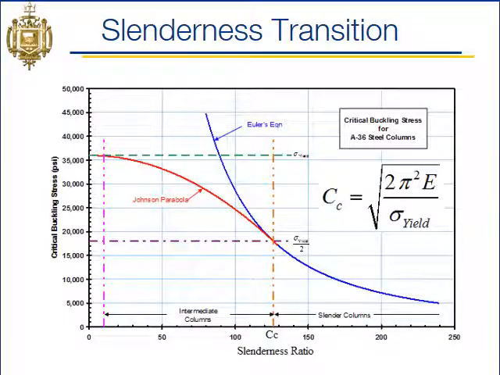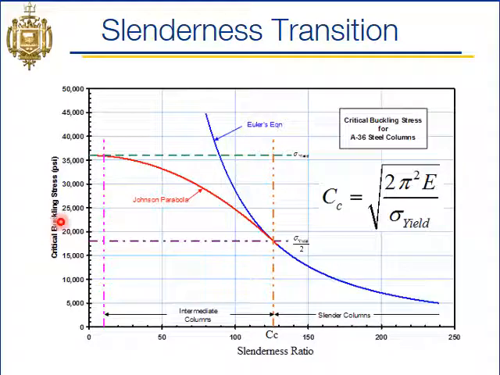So this graph here shows us the critical buckling stress of A36 steel columns based on their slenderness ratio. Our slenderness ratio is here on the x-axis, and critical buckling stress, just for A36 steel columns, is here on the y-axis.